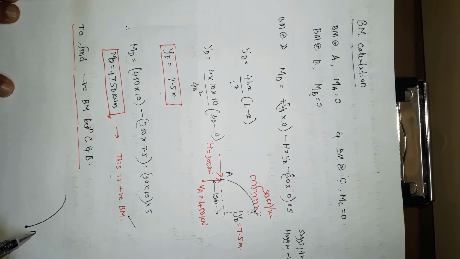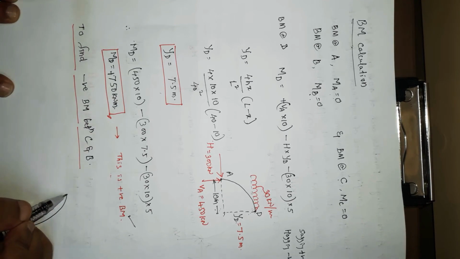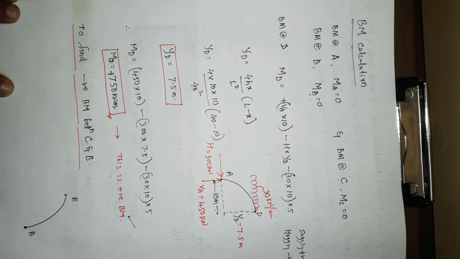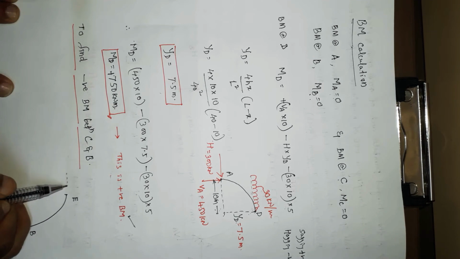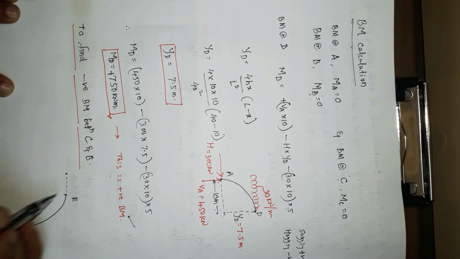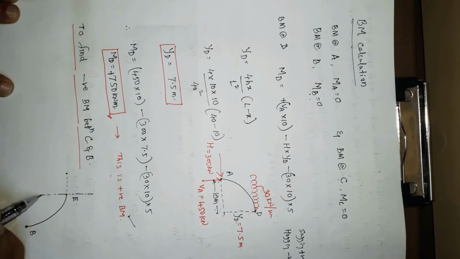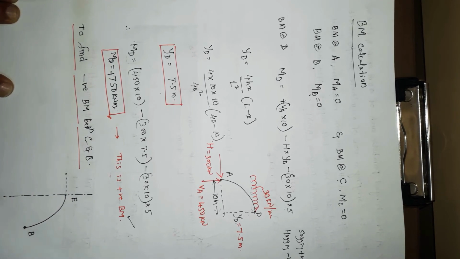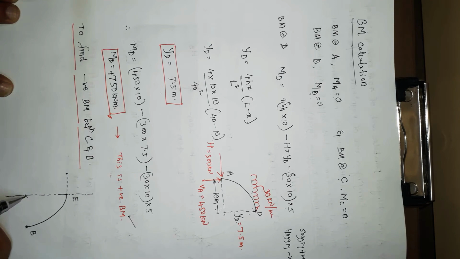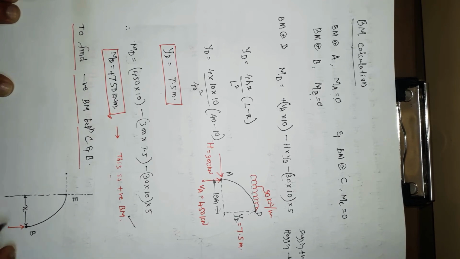This is point support B. So somewhere here we're going to get point E. This is C. Now take a section XX here, at a distance X from support B.